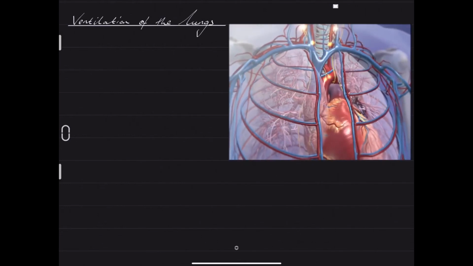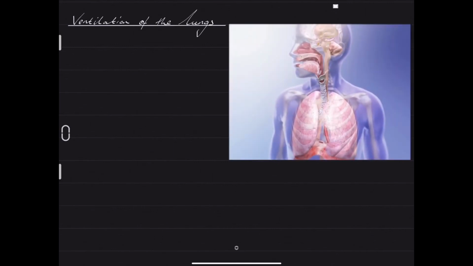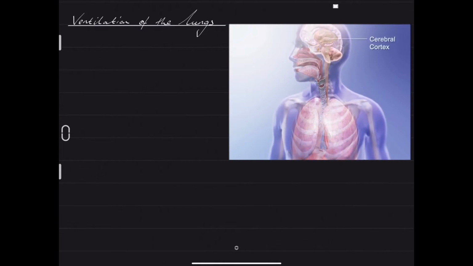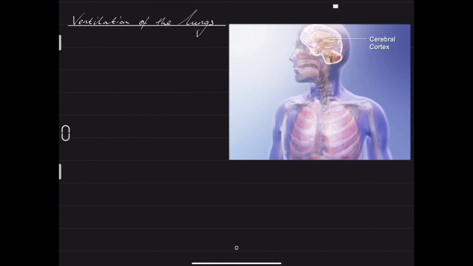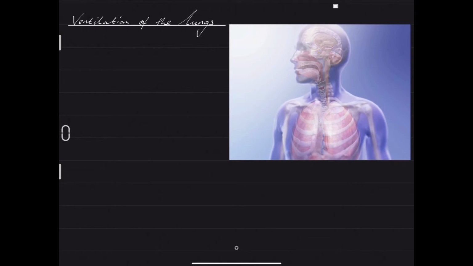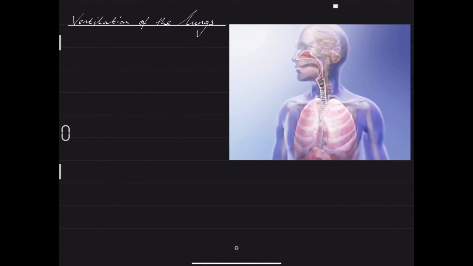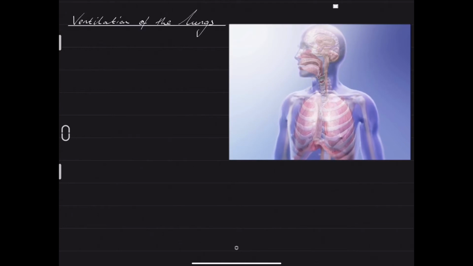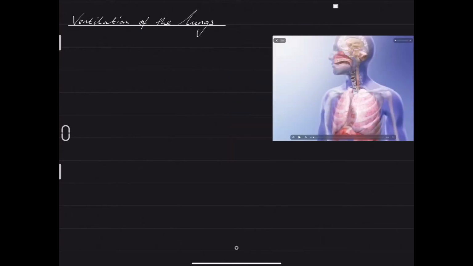And this will either force air out or draw air in to the lungs, because the changing position of the diaphragm and the intercostal muscles causes a difference in air pressure. And this is what causes the air to either be expelled or drawn into the lungs.